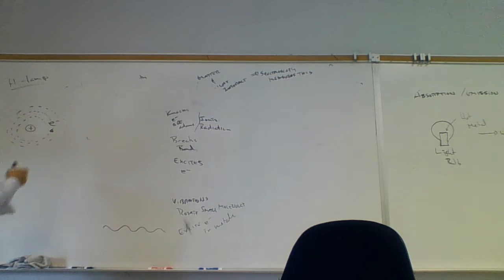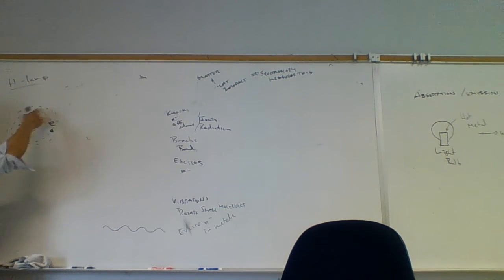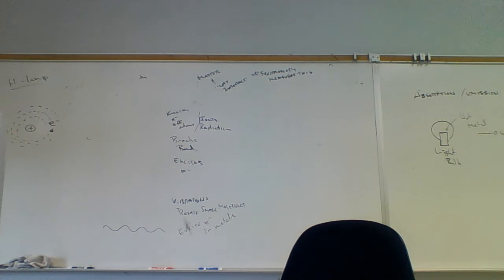It should be able to go faster or slower, whatever speed. And so this hydrogen lamp should emit a continuous spectrum. In other words, it should emit white light. Right? White light.